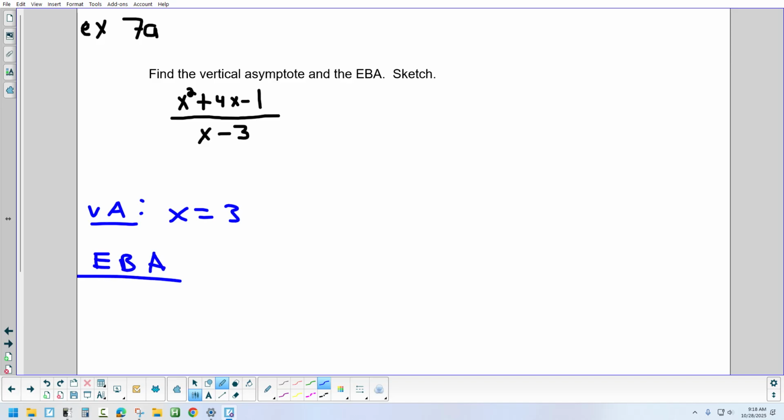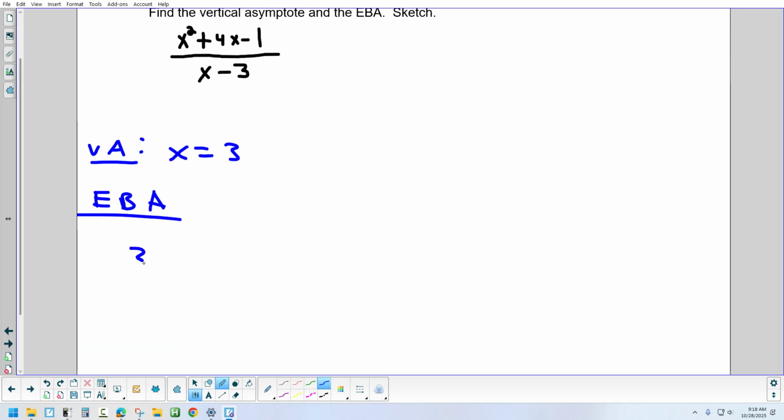What do I have to do to figure out the EBA? Yep. Synthetic division. Yep, I'll do the synthetic division. And then what am I looking for after I do that? The quotient. I'm looking for the quotient. Perfect. So let's do the synthetic division.